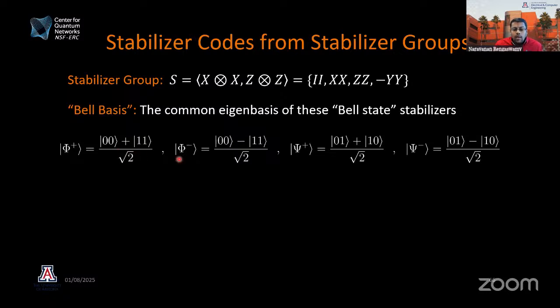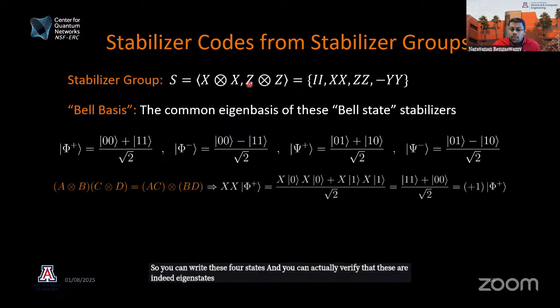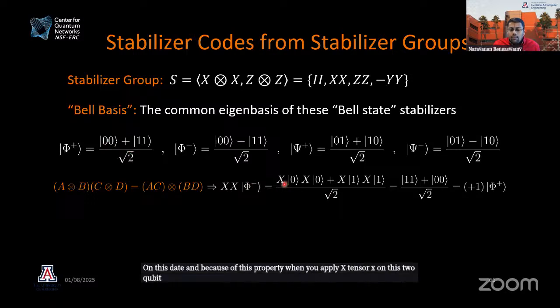So you can write these four states, and you can actually verify that these are indeed eigenstates of these operators. So for example, I'm showing you an example here where I'm applying X tensor X on this state. And because of this property, when you apply X tensor X on this 2-qubit state, the first X gets applied to the first qubit and the second X gets applied to the second qubit.